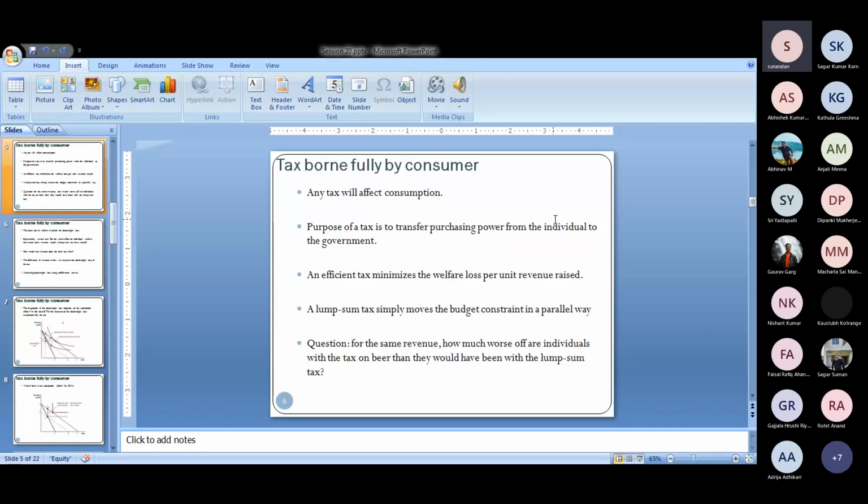Right? Remember that Robinson Crusoe Friday? Take some oranges from here, give it to there. The second welfare theorem, initial beginning. But if I need to redistribute the initial wealth, first thing first, the government needs to shift the purchasing power from the people who are being taxed to the government.